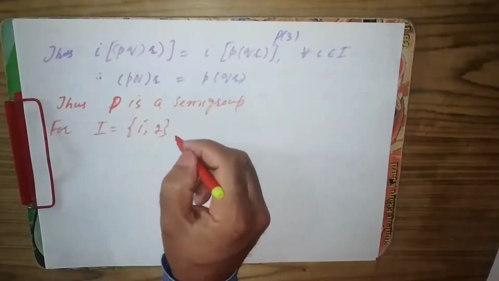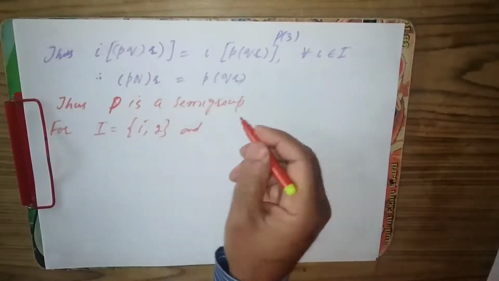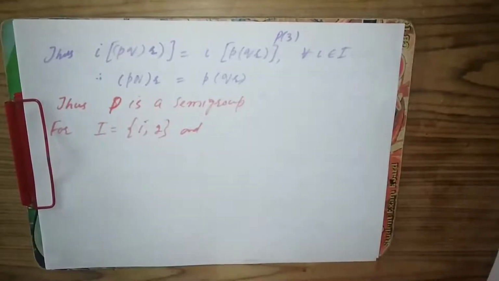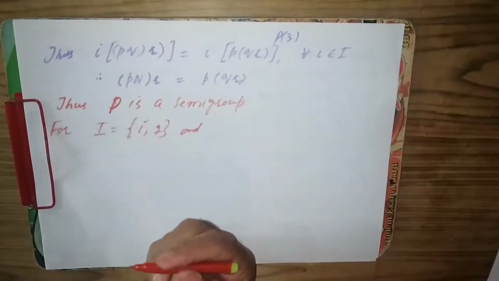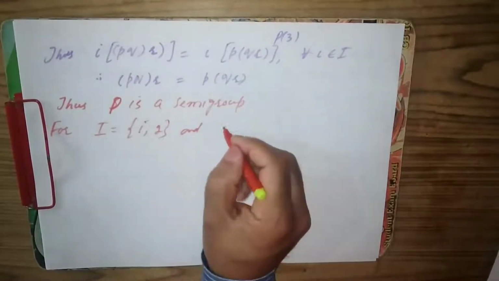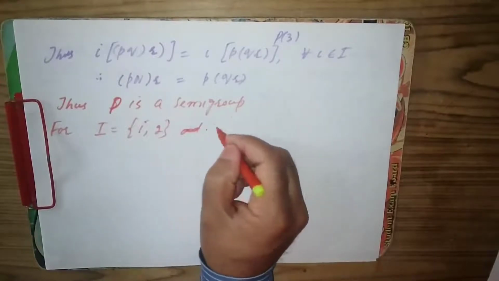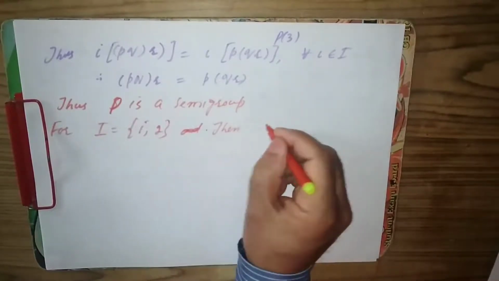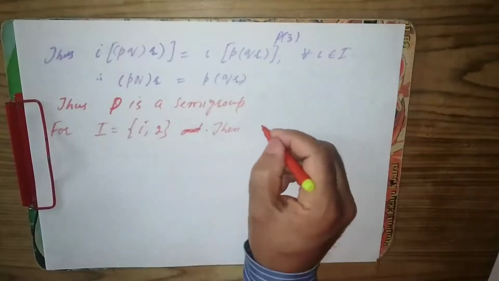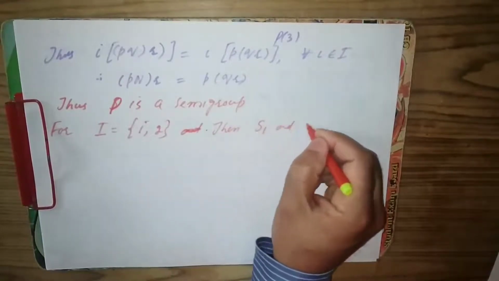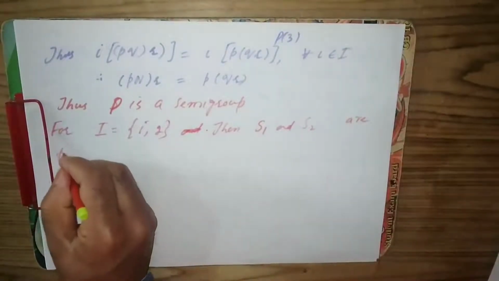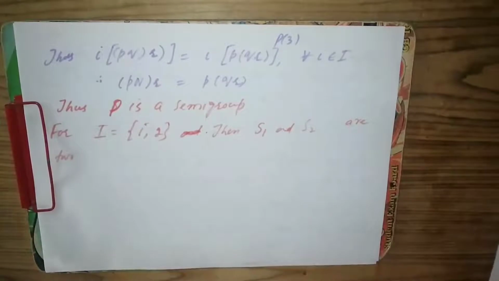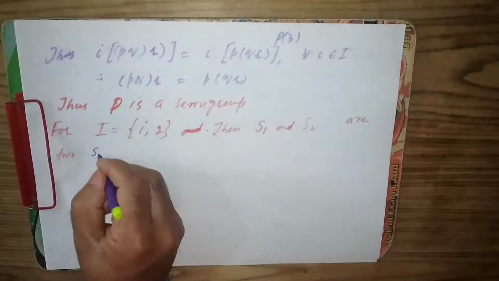Let's not fix the elements. S1 and S2 are two semigroups.